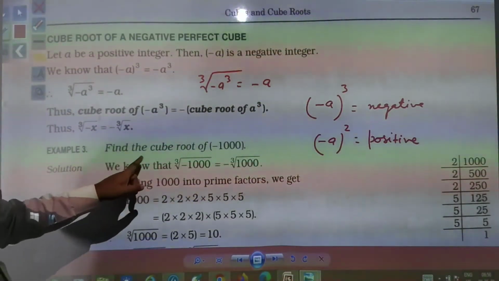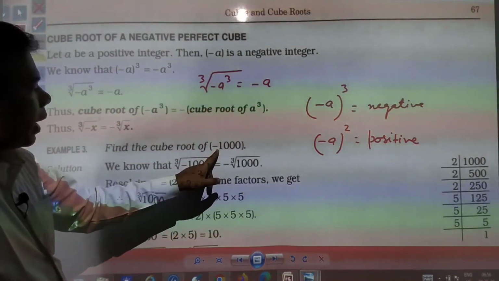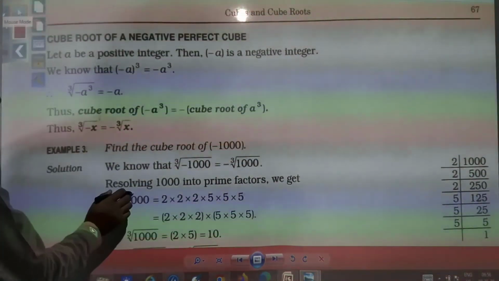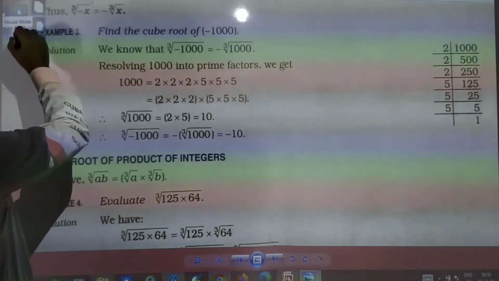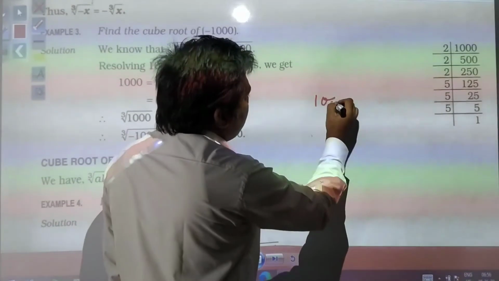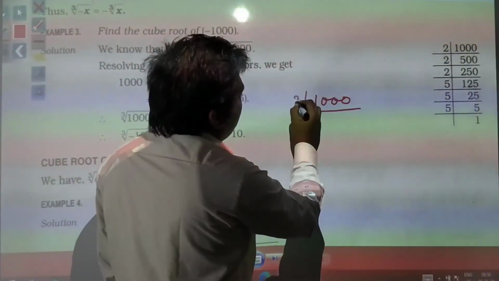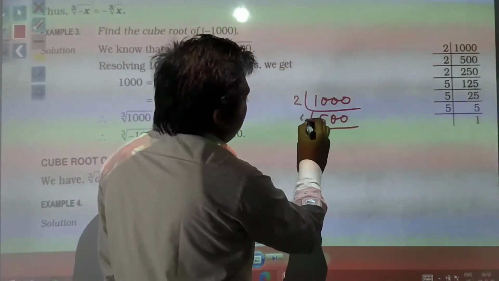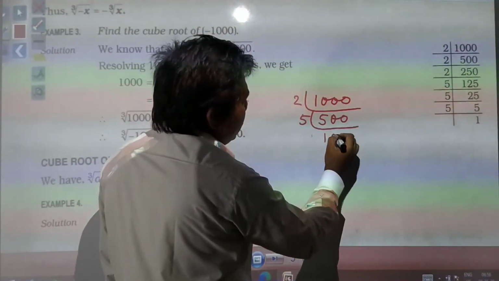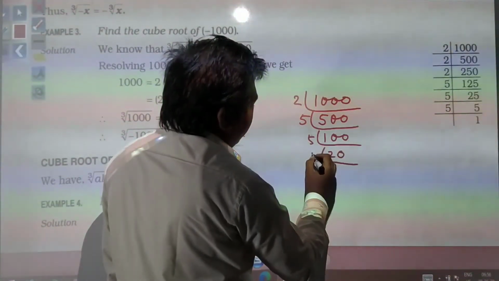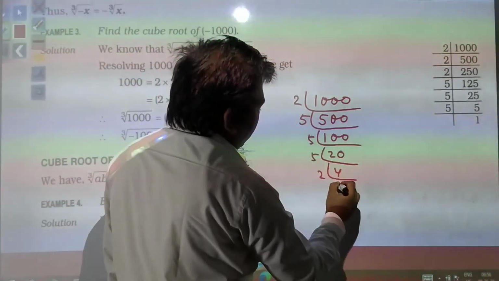Example you see, find the cube root of minus 1000. So again what is needed to be done? We need to find out the prime factors of 1000. Here you see 2 5s are 10, 5 1s are 5, 5 2s are 10, 5 4s are 20 and 2 2s are 4.